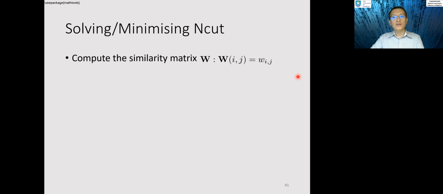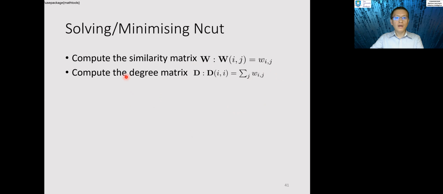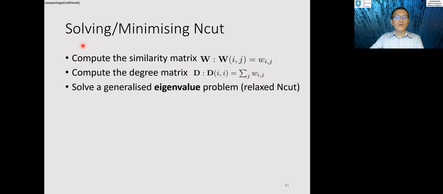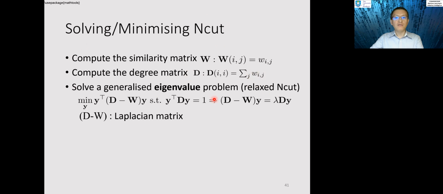To solve this normalized cut problem, we need to compute the similarity matrix W, and then we compute the degree matrix, which is basically the degrees for each node, as defined in the previous slide. Then this normalized cut problem will be relaxed to a generalized eigenvalue problem like this.